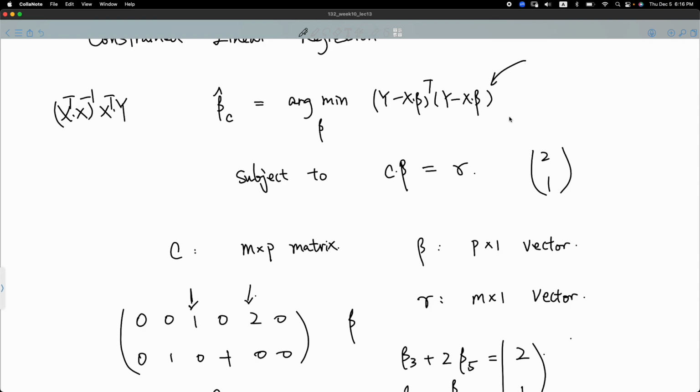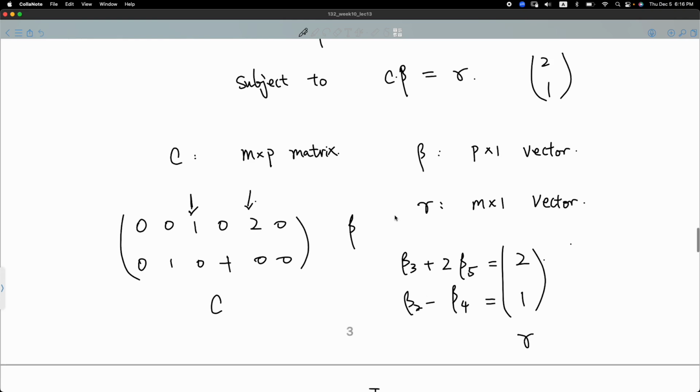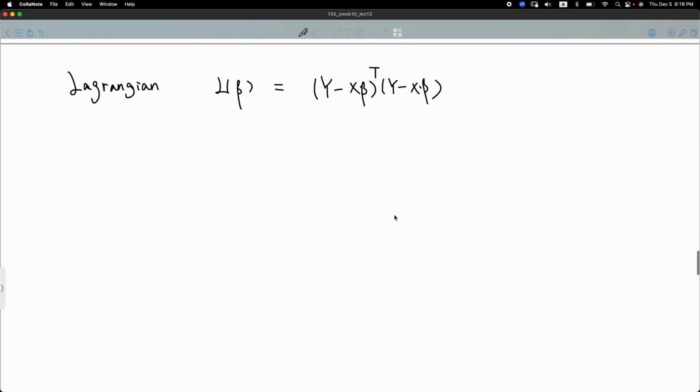So part of the Lagrangian is coming from the objective function here. But we are solving a constraint optimization problem, so you also want to introduce the constraint into the framework. So the Lagrangian is the original problem plus a Lagrange multiplier with the constraint.